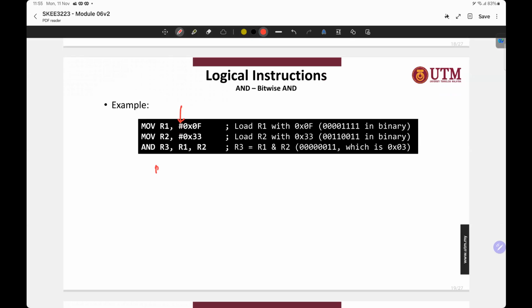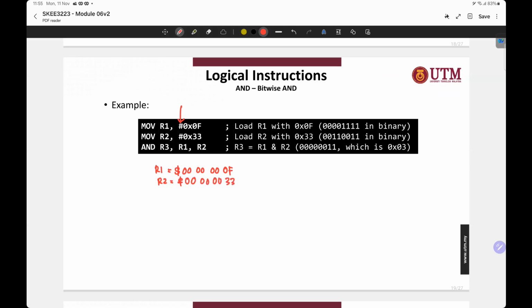So now MOV R1, hashtag 0x0F. Automatically your R1 will have this value 0x0000000F. And then MOV R2, hashtag 0x33. So R2 equals 0x00000033.